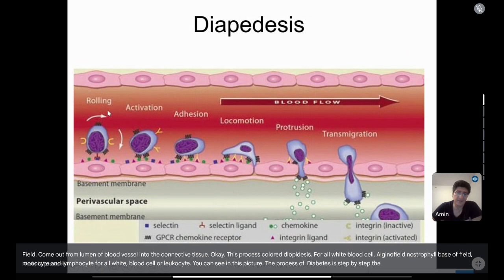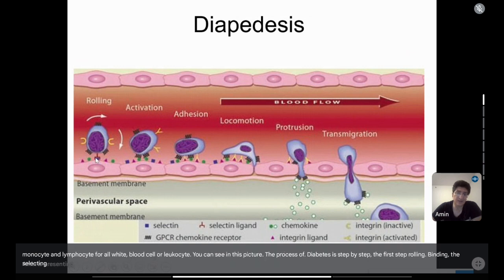The first step, rolling, binding the selectin ligand to the selectin receptor. You can see here integrin is inactive, not active in this step.